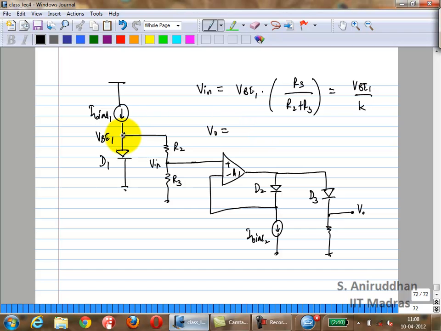If this is Vn, we'll assume that the negative feedback makes this also equal to Vn. Then across D2 and D3, you have a delta VBE, correct? You have VBE2 minus VBE3 to get to V0, correct?